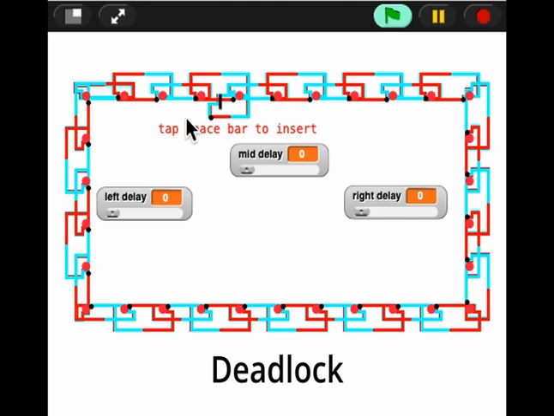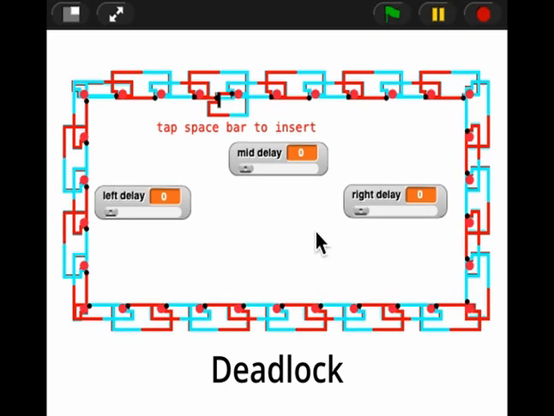Now we have 30 wavefronts in the ring, 15 wavefront pairs, and there's no bubbles in the ring, and the ring is deadlocked. There's no recovery from deadlock in this demonstration, and we just have to start over. So we'll click the stop sign a few times, and then the green flag.